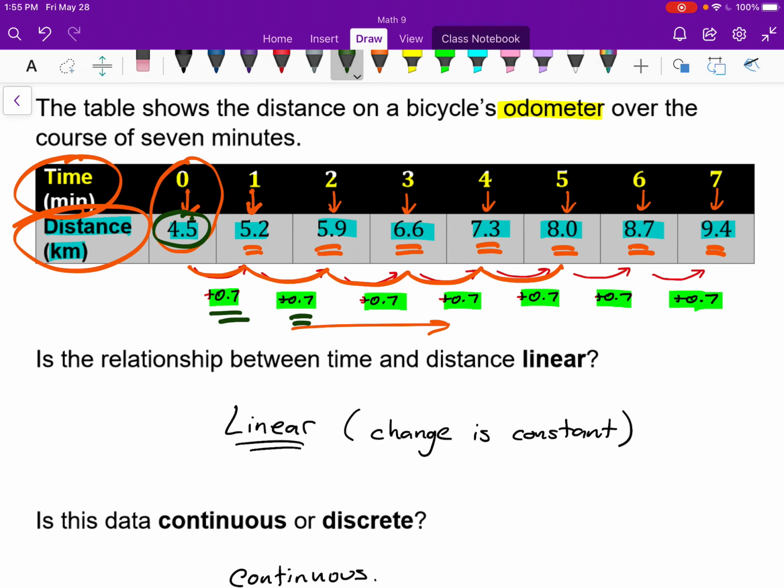And I could do that for any minutes. If I want to look at 3 minutes, I could take my starting amount, 4.5, and add the change, 0.7, 3 times. And so in general, if I want to look at just any number of minutes, I want to take my starting point, 4.5, and add the change, 0.7, x times, t times, whatever variable we want to use.